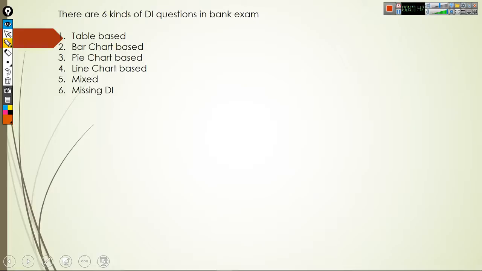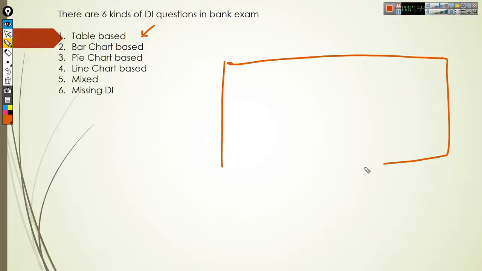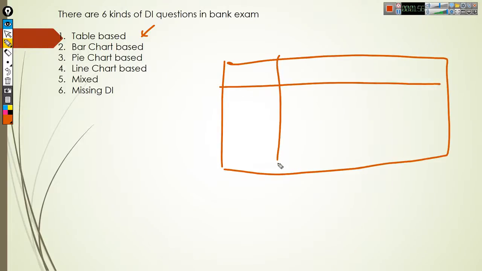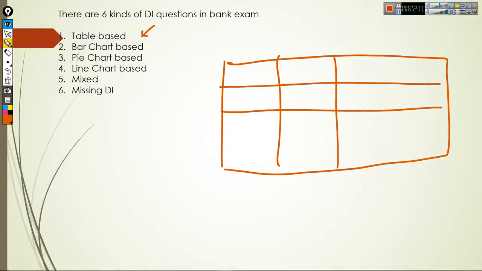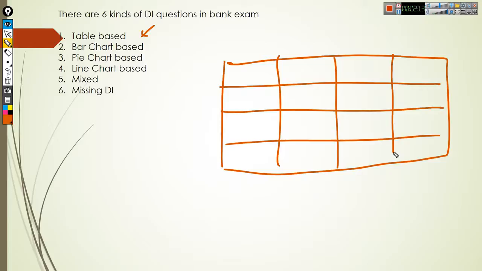There are 6 kinds of DI questions in bank exams. One is table based. There will be a table like this, and the data will be given in tabular format. Here the year will be given, 2000.